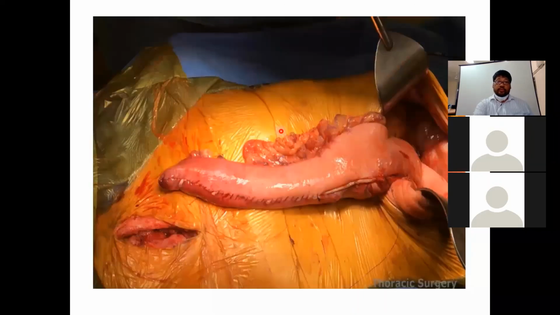So this is the tube which is made from the stomach, and this will be passed through the thorax, and it will be brought from the cervical incision, and the anastomosis will be done here with the cervical esophagus, and this neo-esophagus which is created with the help of stomach.